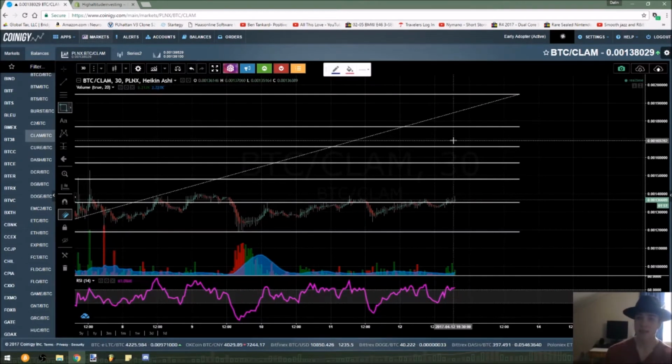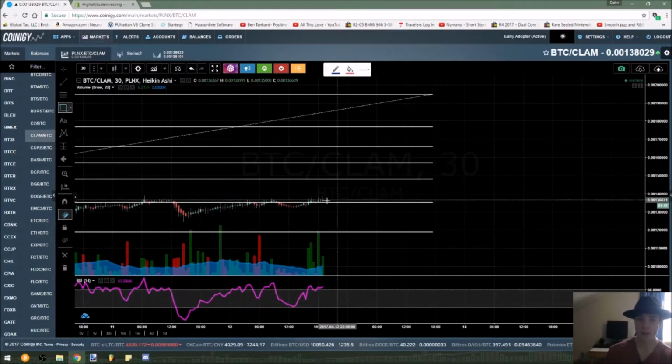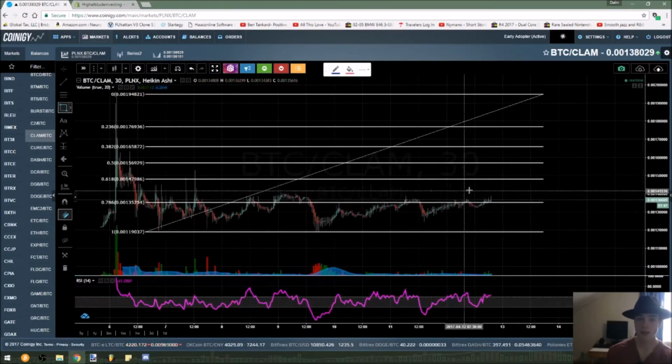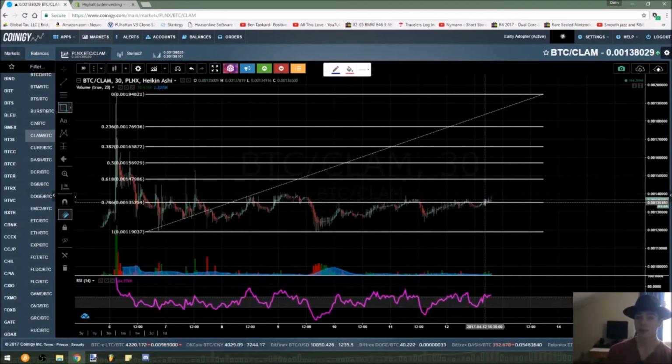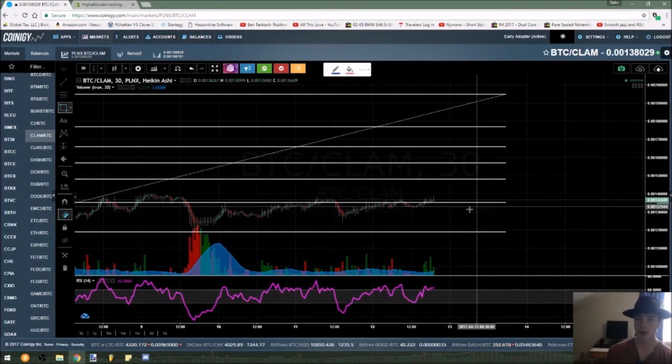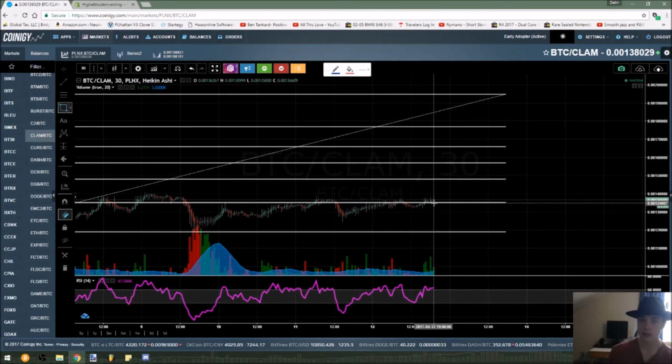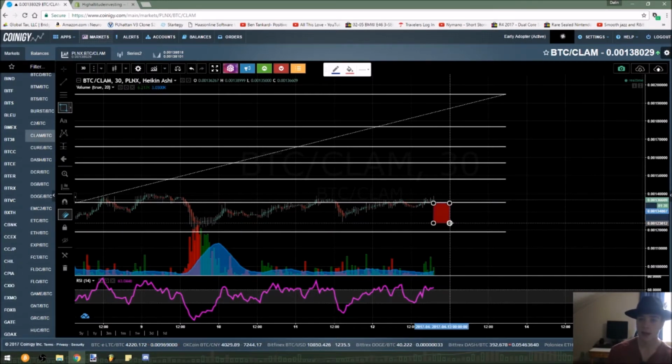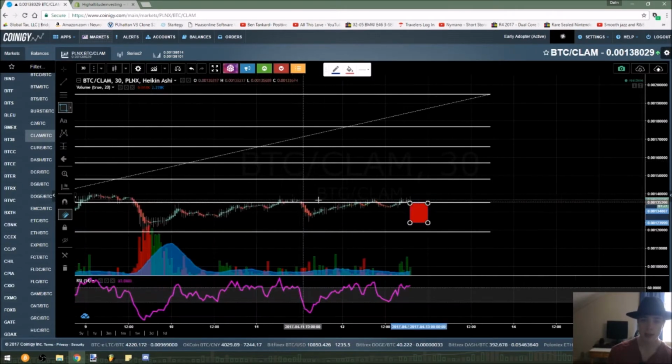It's much easier. Okay, so let's pretend that I'm willing to risk about, I'll just draw the little box here first, and then I'll show you how to do the actual risk to reward. Let's say I'm willing to risk about this much, okay? So I'm willing to set my stop loss this size of a box below my entry point. So let's say we entered right here. So the center is our entry, that would be right here.